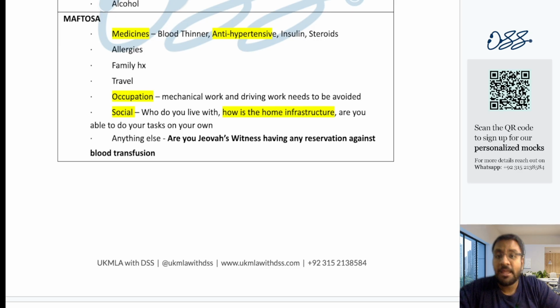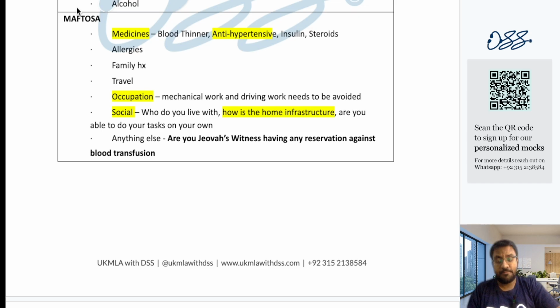So the psychosocial aspect, the occupation, and the social history are very, very important in surgical cases. In the mnemonic, we have discussed two things so far: the medicines, and the psychosocial aspect, the occupation, and the social history.